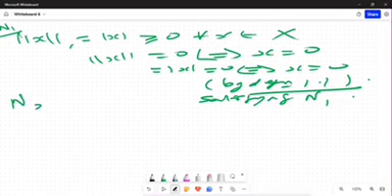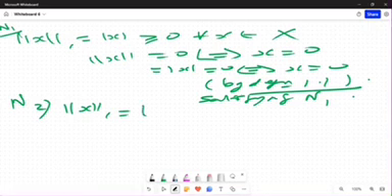The next job is to verify N2. For N2, you are dealing with kx.